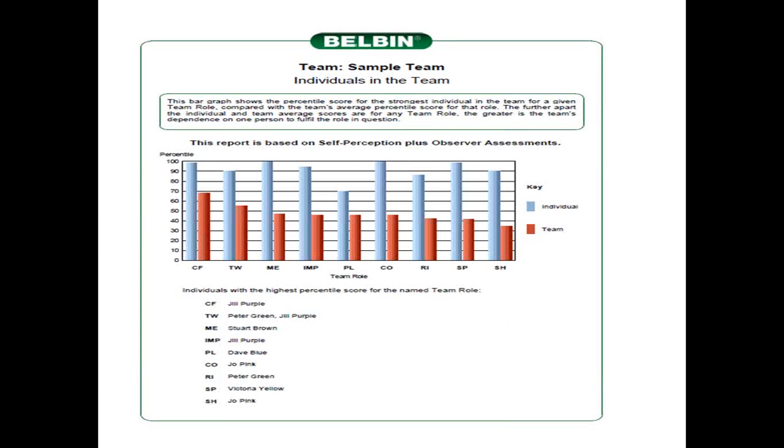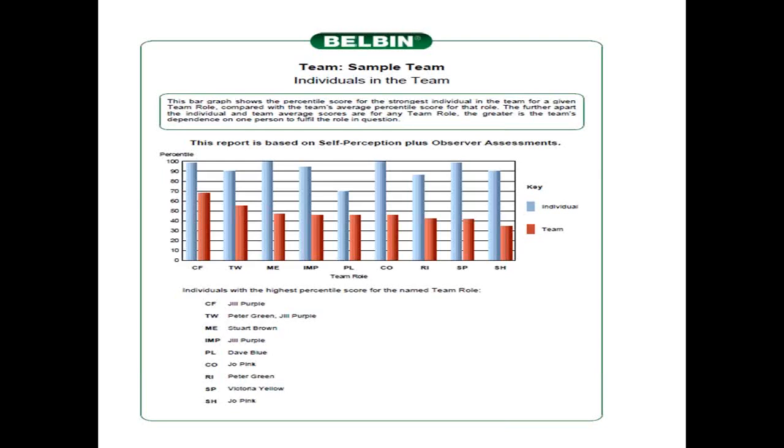This is another sample. This is a graphic report showing you in red the average composition of a team, and blue the individual one. A new thing in the e-Enterprise 7 is that we're measuring percentiles now, from 0 to 100.